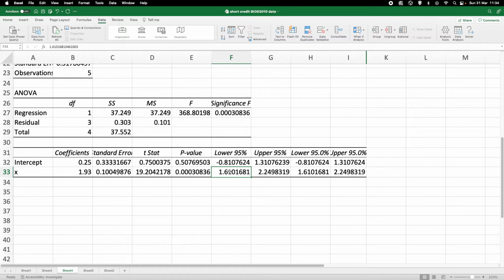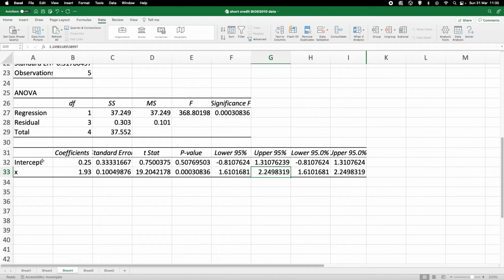So we've got a lower and an upper bound for the gradient. The lower bound is 1.6, the upper bound is 2.2, and 1.93 is pretty much in there. And we again have the p-value for the gradient, so we know that the gradient is statistically significant.